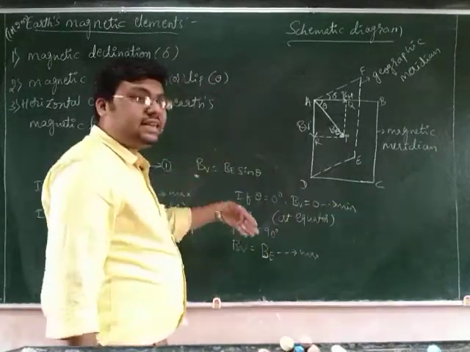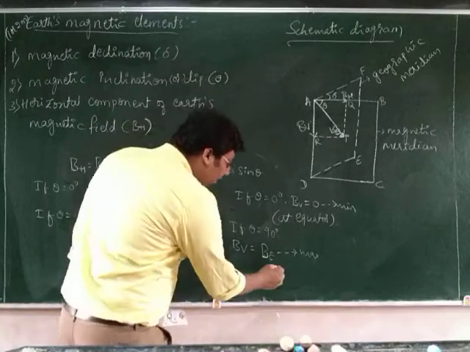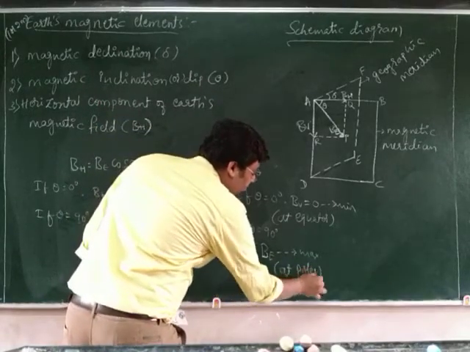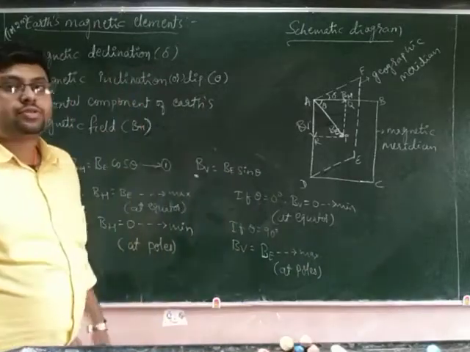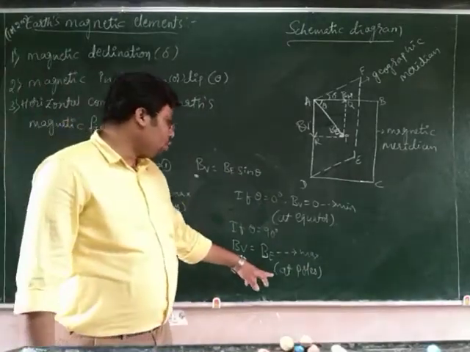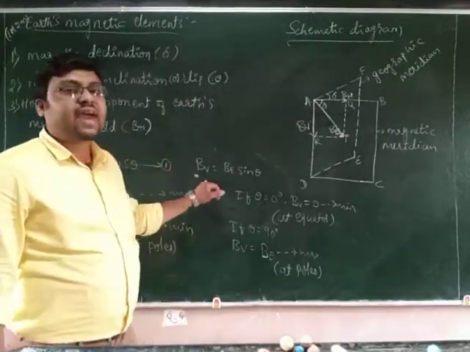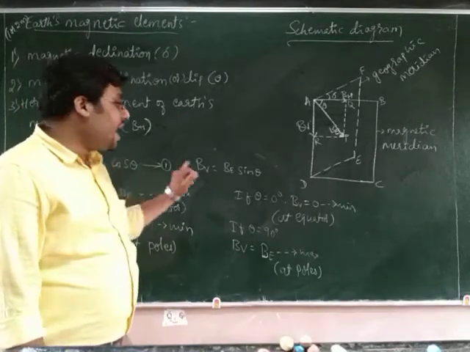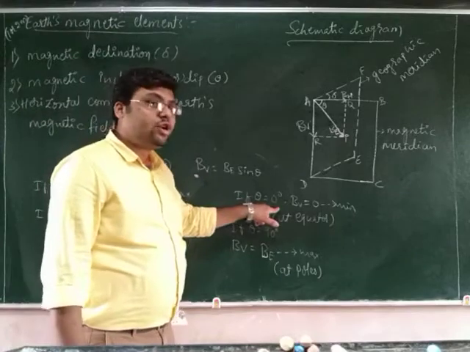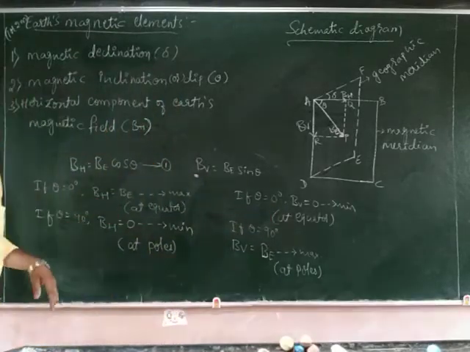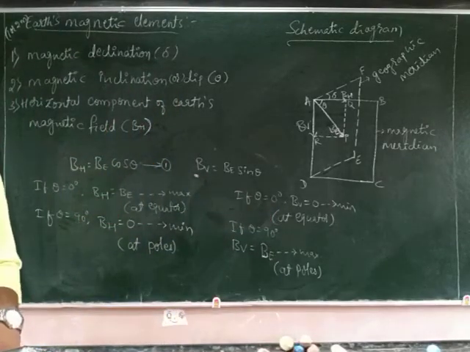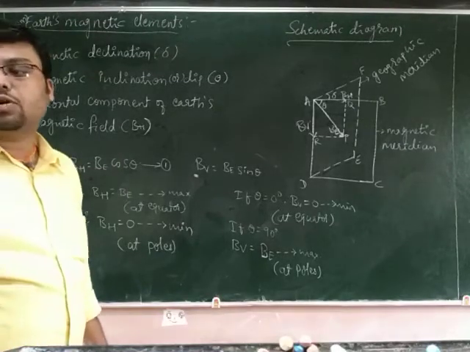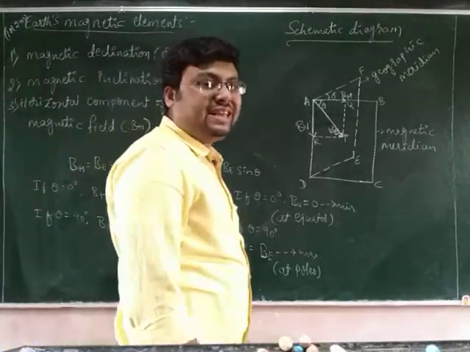Theta 90 degrees means at the poles. At the poles, BV is maximum and BH is 0. At the equator, BV is 0 and BH is maximum. Is it clear?